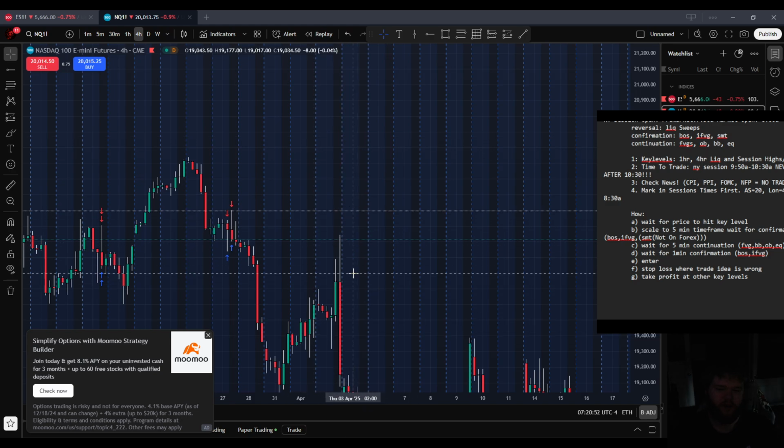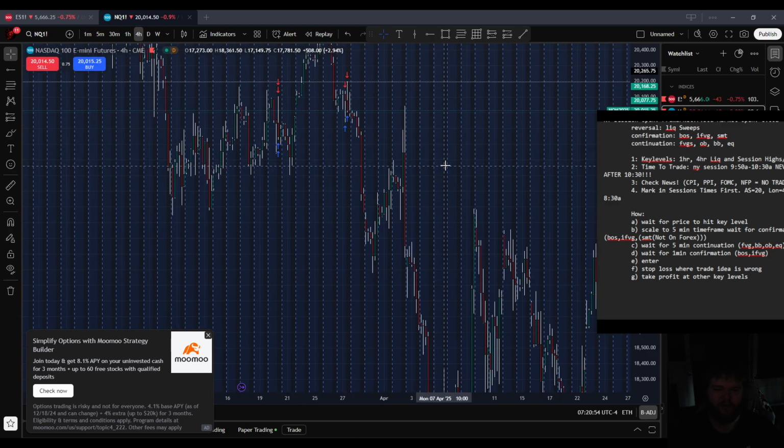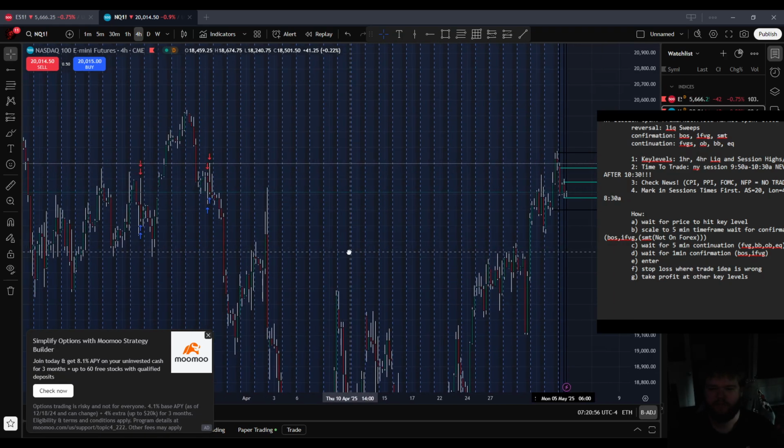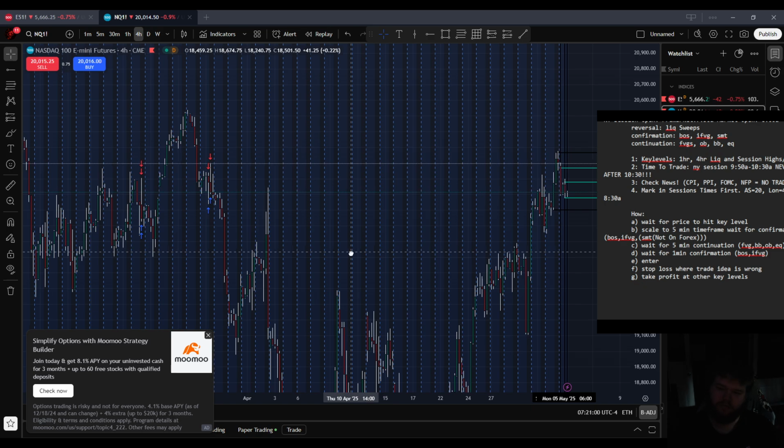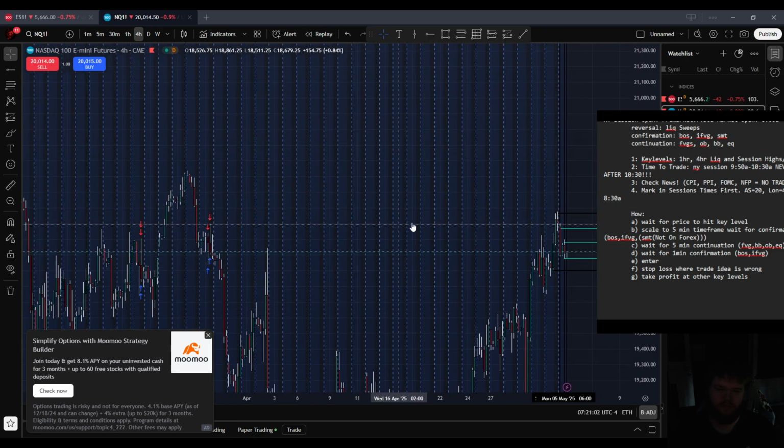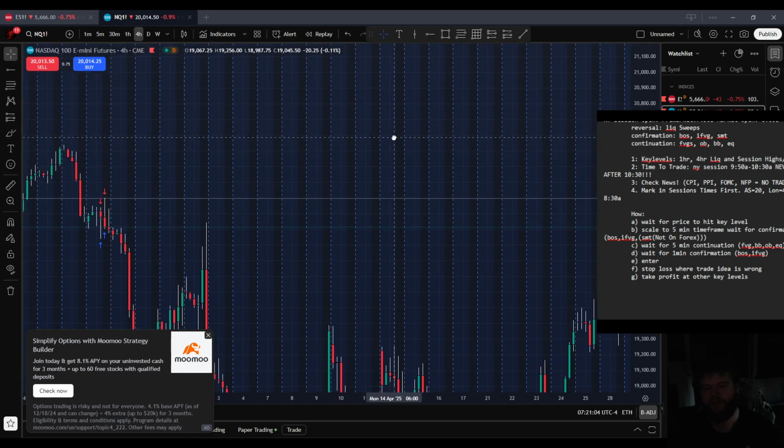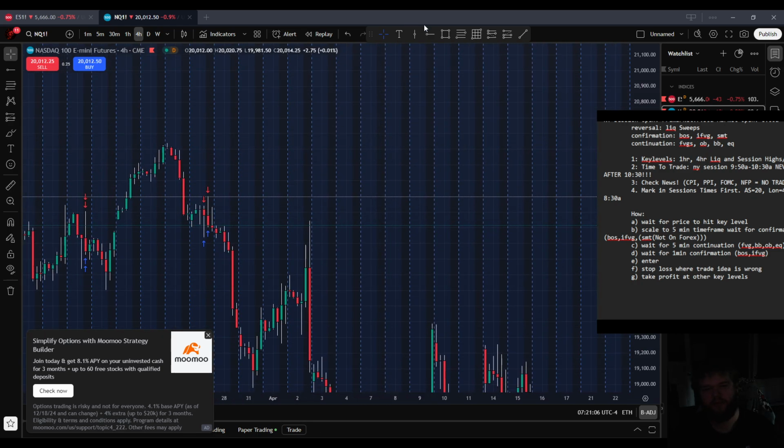Looks like we've already capped off of this high here for the NASDAQ. High time frame SMT divergence. The NASDAQ's making a higher high while the S&P is making a lower high.